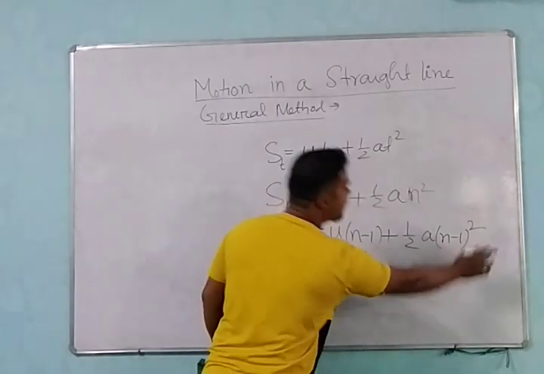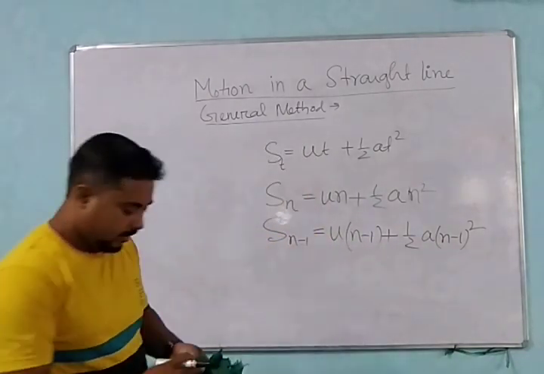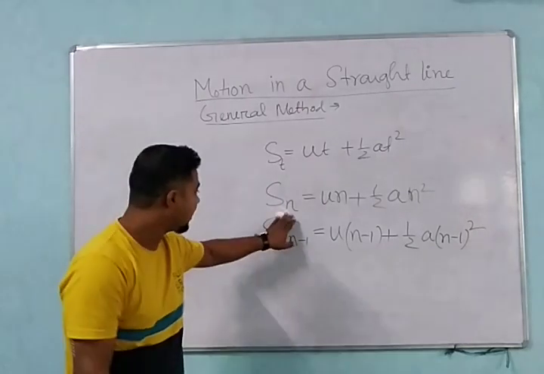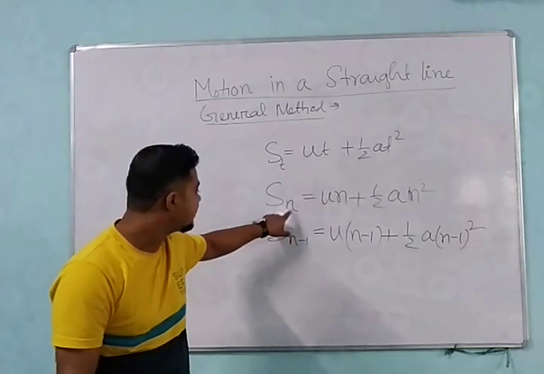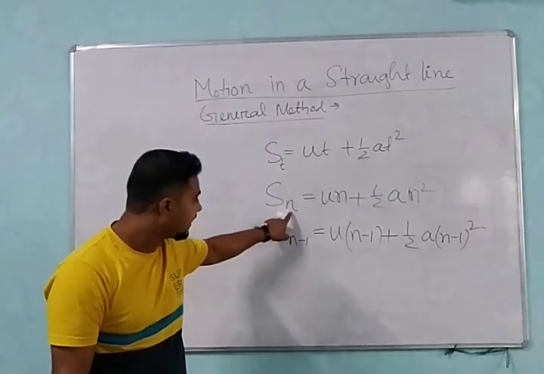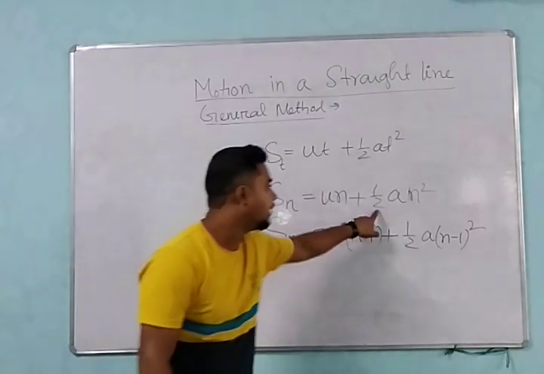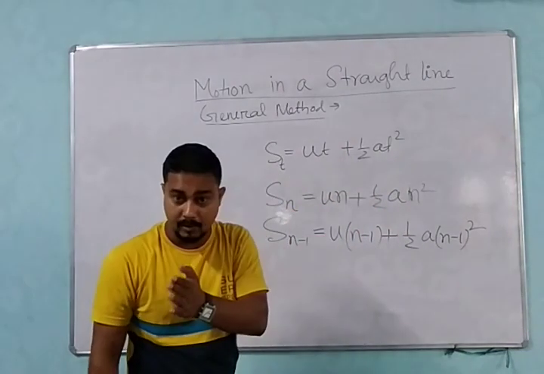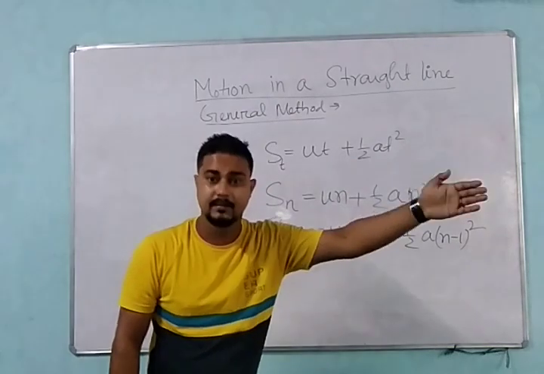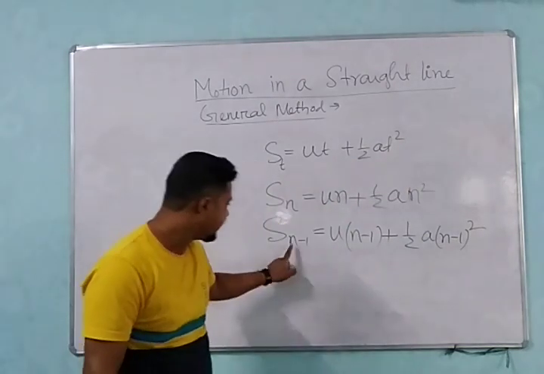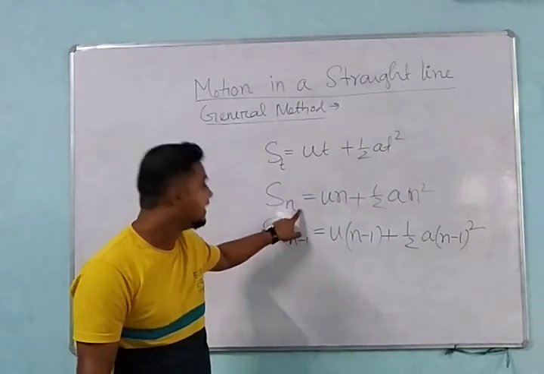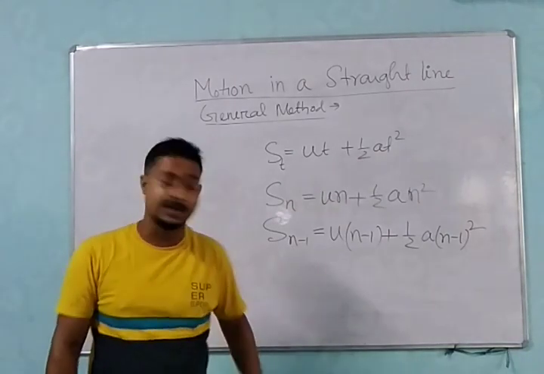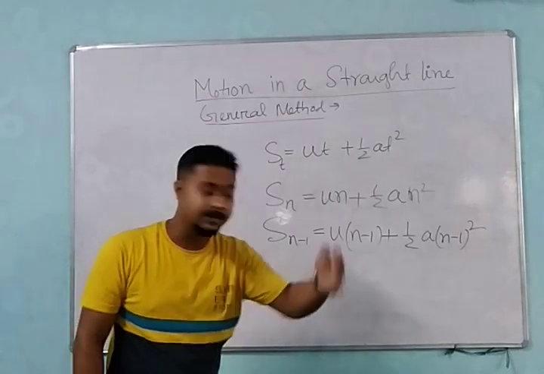Okay, so what is the idea here? If I say s8, the 8 second, then it will be u into 8 plus half of a 8 square. If I want 7, then it will be 8 minus 1; if n is equal to 8, then the level for the 7 second will be 8 minus 1, that is n minus 1.